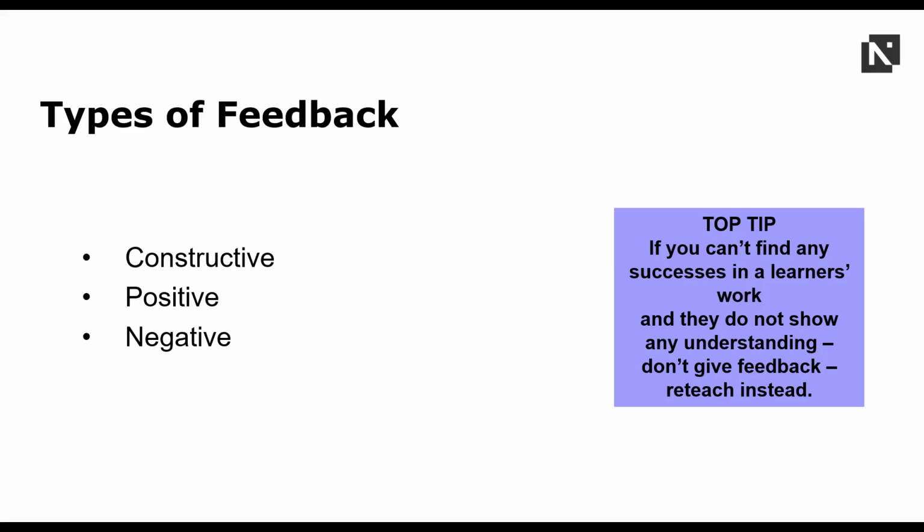Positive feedback is great for boosting confidence, but it's only focusing on the positives without highlighting the areas for improvement, and that could lead to learners becoming complacent. And then you've got negative, and that's just highlighting the things that are wrong or comments on what's not good in their work. This type of feedback is not useful at all.